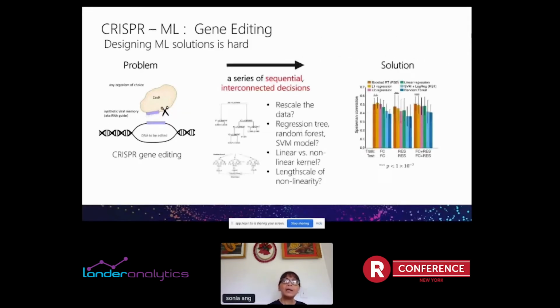Now, the impetus to create automated ML by Dr. Fusi was really because of his experience with a particular gene editing problem. This gene editing problem is one of the most complex of all machine learning problems. If you are in the life sciences, you probably know what gene editing is, but gene editing is the act of trying to edit, remove, alter portions of your gene, your genome, your DNA, so that, of course, you may want to treat disease.